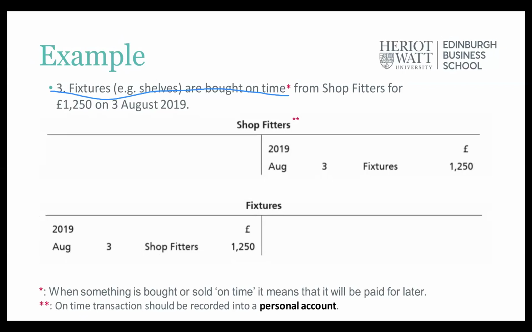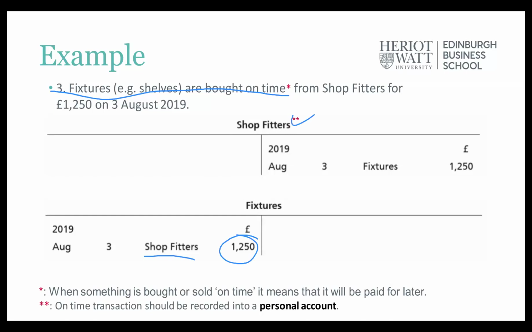The fixtures account is receiving. Yes, it is receiving this amount, but it has been bought on what? On time from the shop fitters. That's why this is a personal account for the shop fitters.